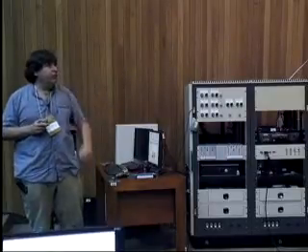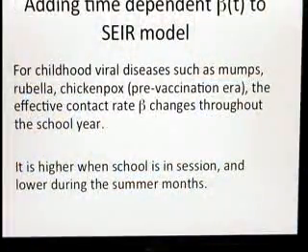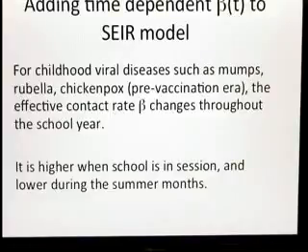And it's well known that for childhood viral diseases, and again, think pre-vaccination, mumps, rubella, chickenpox, and so on, children contract these diseases far more often during the school year than during the summer holiday, and during Christmas vacation, Easter vacation.